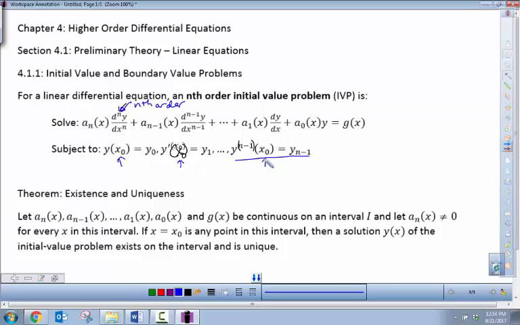So your initial conditions have a starting point, and then you have initial conditions starting from the original function all the way up to one less than the order of your differential equation. So if you have a fourth order differential equation, you should have initial conditions that go up to the third derivative.